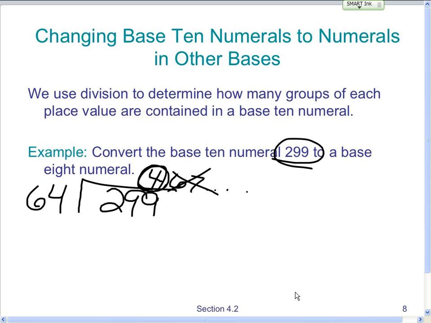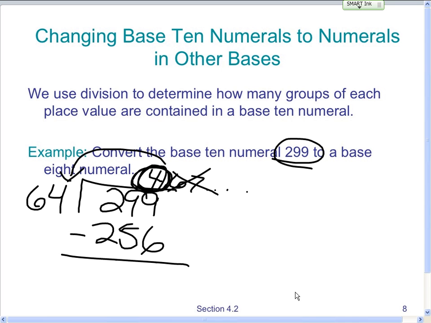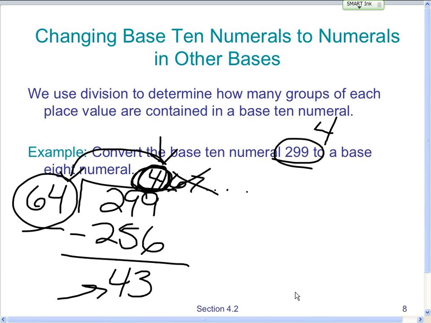So remember long division, we take this number and multiply it times here, and we stick it under here. 4 times 64 is 256, and we subtract 299 minus 256, gives me 43 units remaining. So this number, this 4, tells me how many flats I can make. 4 flats. And this tells me how many units I have remaining.